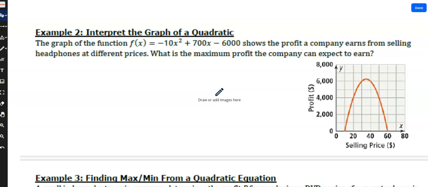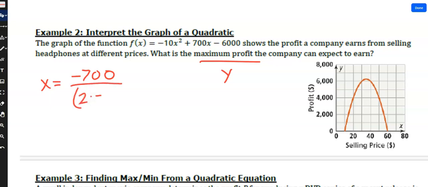Okay, so we're going to come over here and we're going to find what's the maximum profit that the company can earn. So they actually want a y value, right? All right, so I can start with the x value, right? Opposite of b over 2 times a, right? So negative 700 over negative 20.